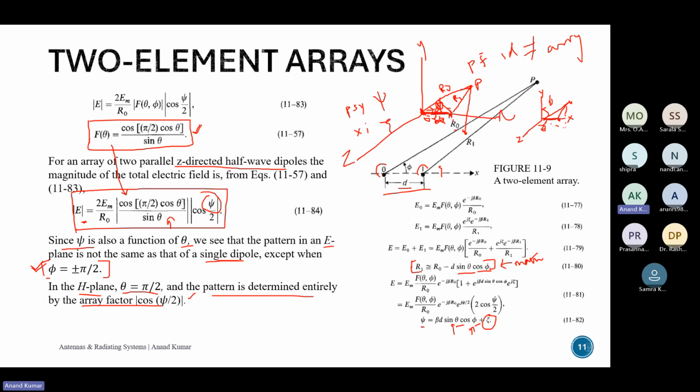So we take some cos phi over here, and using this we take some sine angle as well. That's how we are achieving this.